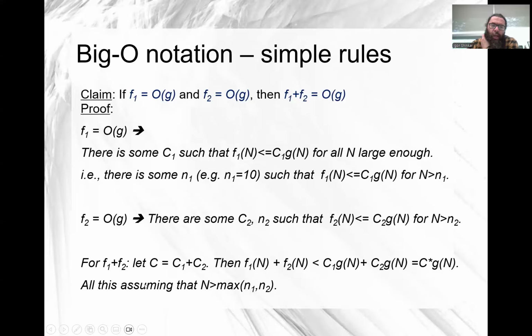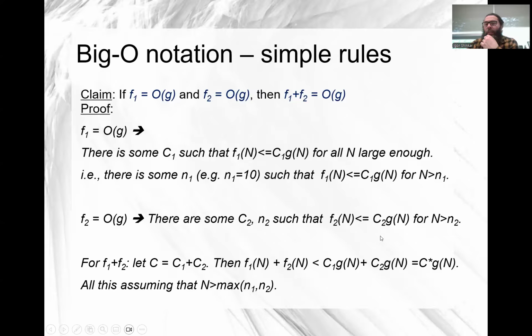And all this is true assuming that n is large enough, right? The first one was assuming that capital N is greater than 10, and this one is assuming that capital N is greater than 15. So we need to take the maximum. We need to skip the first few small numbers and we get this. So the conclusion is that for all large enough n, f1 plus f2 is upper bounded by some constant times g.